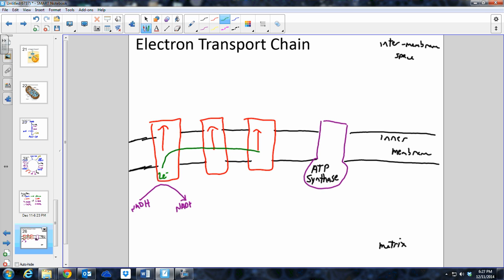The first one's going to take it, get energized, hand them off to the second one. The second one's going to get energized, hand it off to the third one. And by the time the third proton pump has taken and used this electron's energy, this electron is tired. And we'll talk about what happens to this tired electron. But what happens with these proton pumps, because of the energy of the electrons, protons are going to be pumped across the membrane.